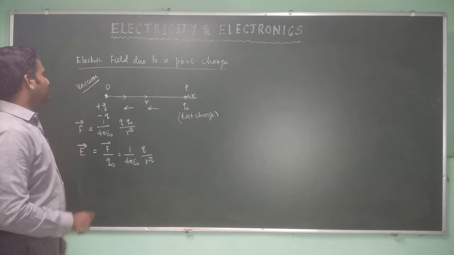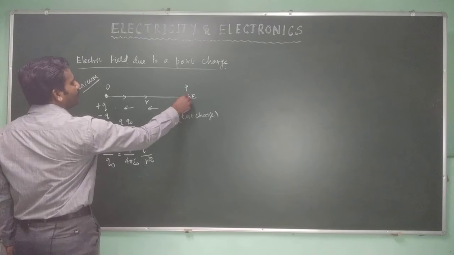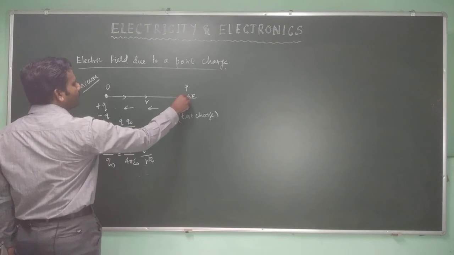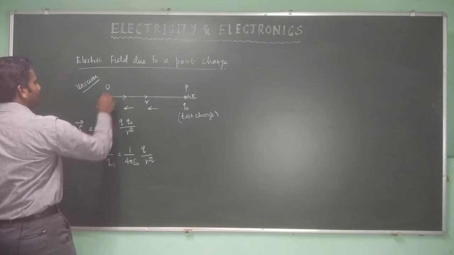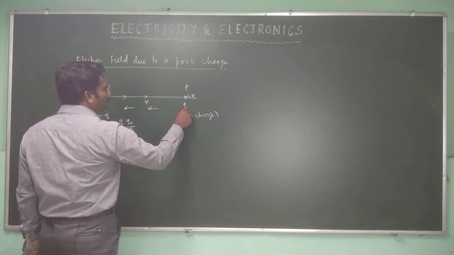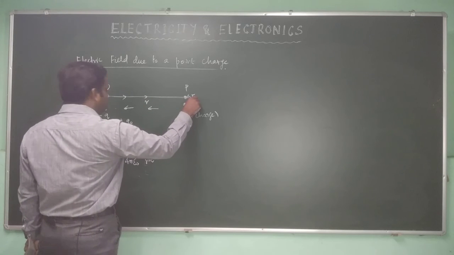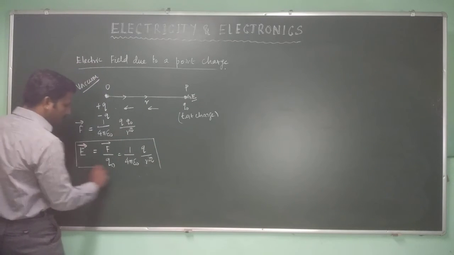That is the thing. So the electric field E due to a point charge Q placed here, with a test charge Q naught placed at another point, experienced at this point can be written with this equation.